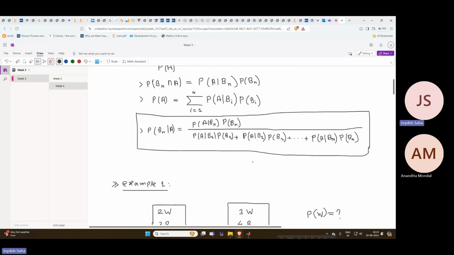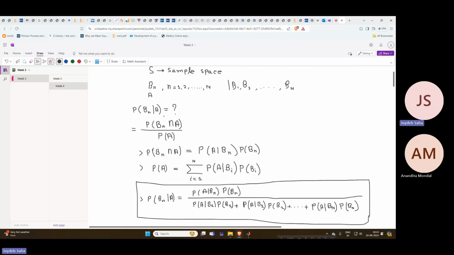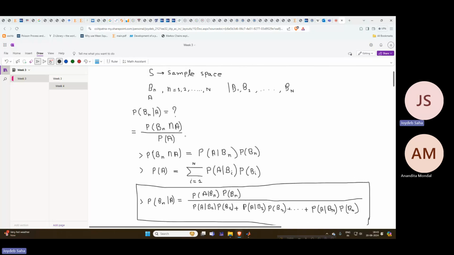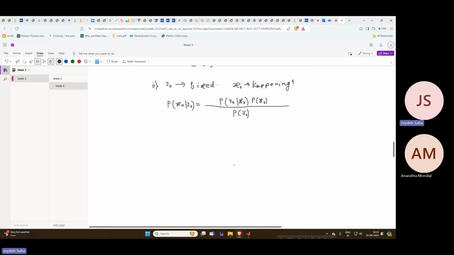Let us look into the Bayes theorem. This was the Bayes theorem, right? This is nothing but the probability of A only. So using that, we can write this. Is it clear till now?